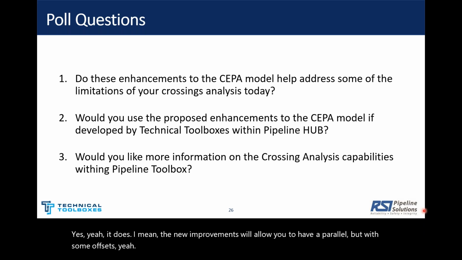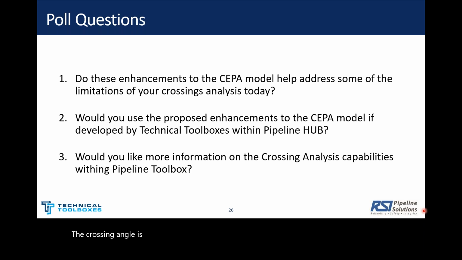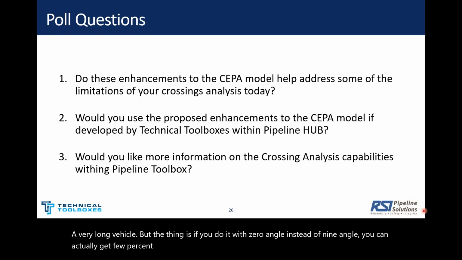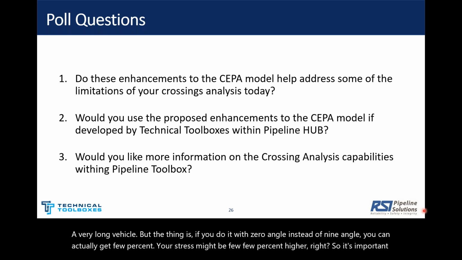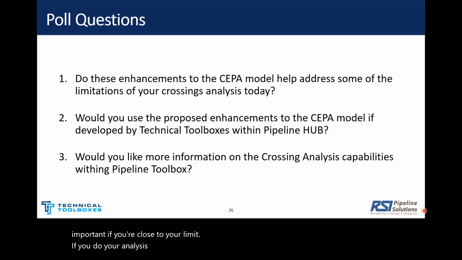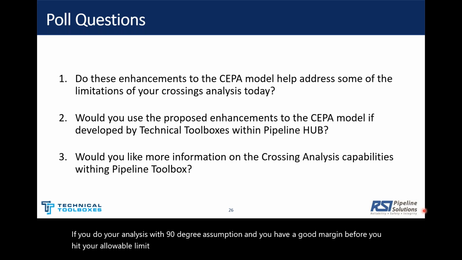The crossing angle is usually not a big factor. But the thing is, if you do it with 0 angle instead of 90 angle, you can actually get a few percent. Your stress might be a few percent higher, right? So it's important if you're close to your limit. If you do your analysis with 90-degree assumption and you have a good margin before you hit your allowable limit, then probably you don't have to repeat it with 0 degrees.